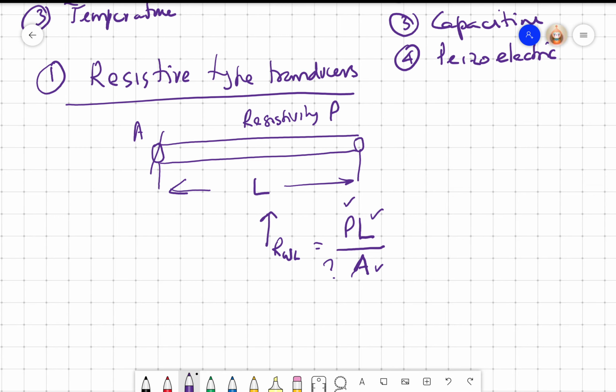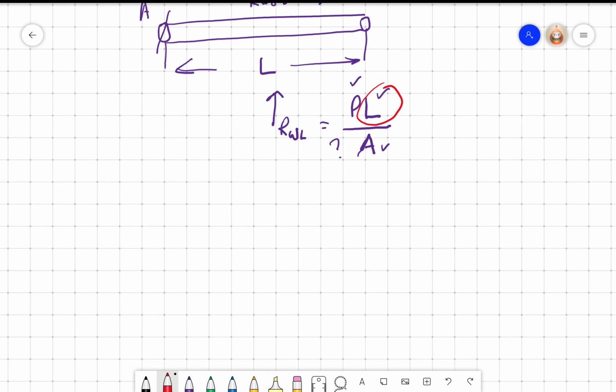Okay, so we are going to look at the length L. In fact, this is the simplest type of transducer. I take a resistive wire of length L, right?